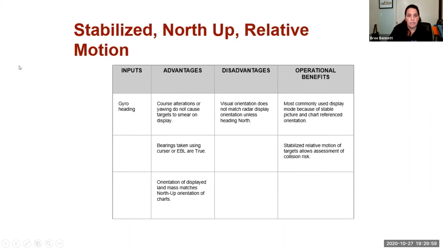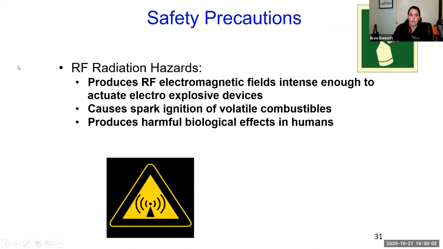Okay. Quick safety precautions. These radars emit electromagnetic fields that are very strong, so you do not want to be hanging out up there. If you have to go paint the mast or do something, you typically put it on standby, so it's not transmitting these pulses, and the antenna stops moving.